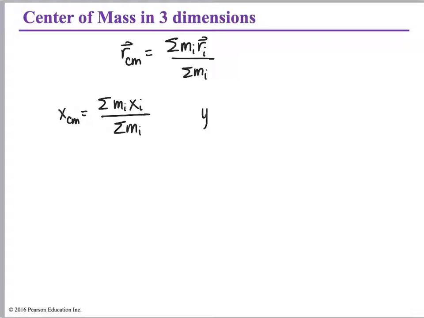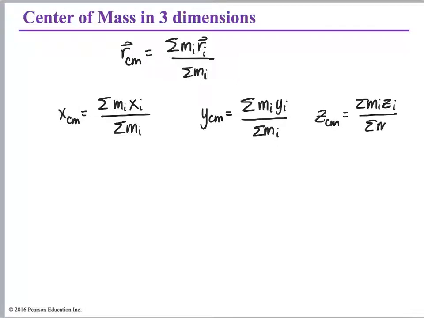For the y center of mass location, you would take the mass times the y coordinate and divide by the total mass, and then finally the z component would be the summation of the mass times the z coordinate over the total mass. And so it's as simple as that.